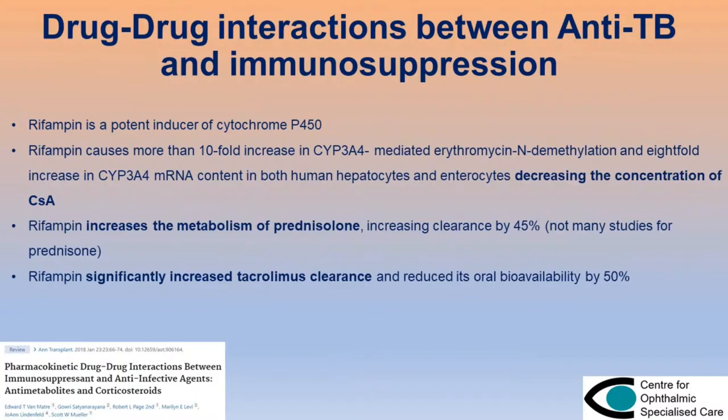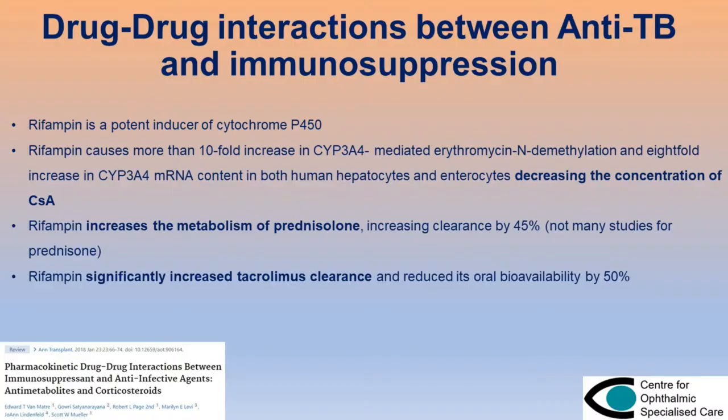Finally, I would like to talk about the drug-drug interactions between anti-tuberculosis treatment and immunosuppression. We have patients who are diagnosed with tuberculosis-related serpiginous choroiditis, who need concomitant immunosuppression and anti-TB treatment.